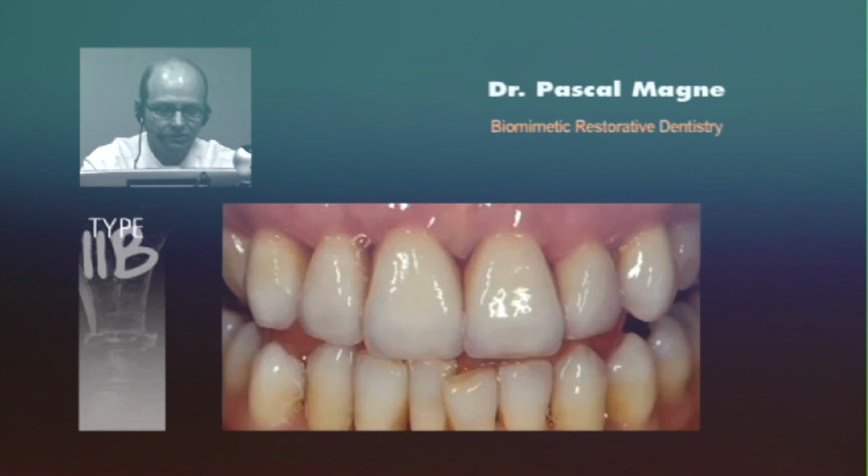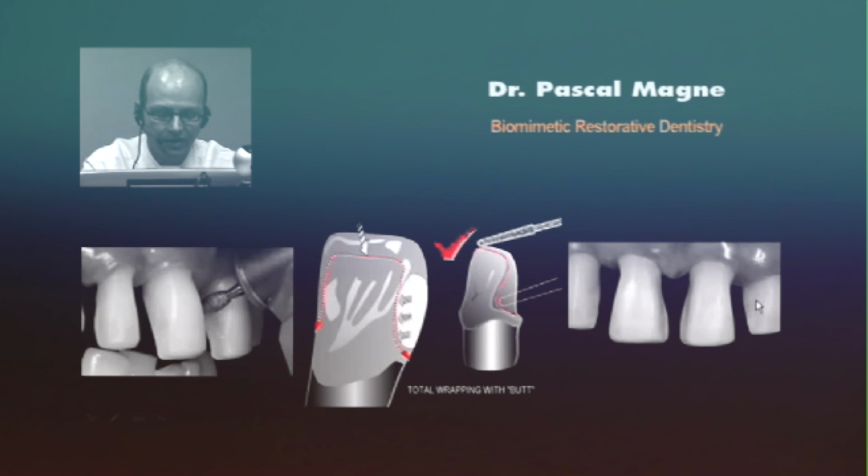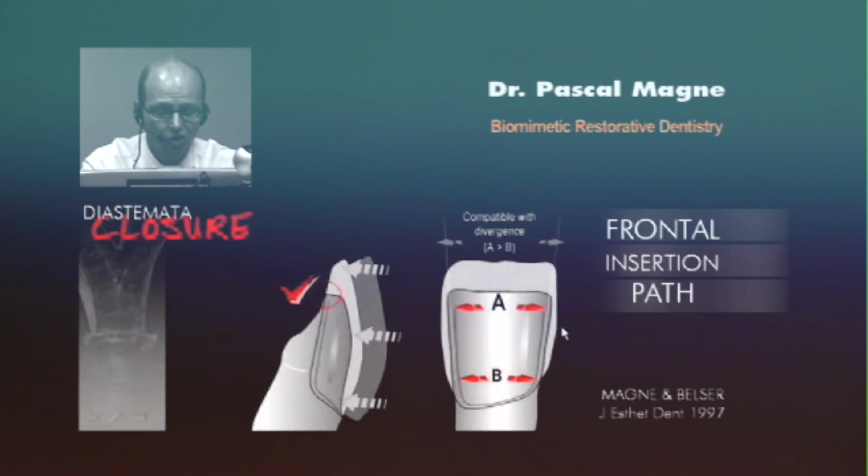The solution to that was to use a horizontal insertion path for the restoration by keeping the incisal preparation absolutely flat, but by extending as much as we could in the proximal area to allow the dental technician to develop interdental extensions to compensate for the loss of the papilla.